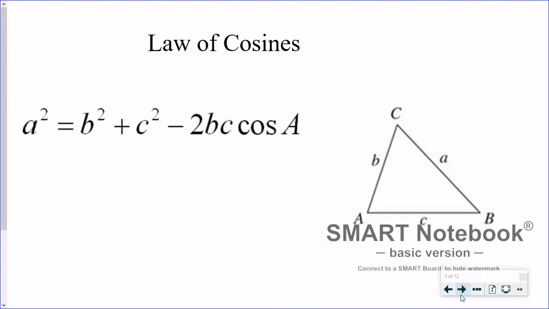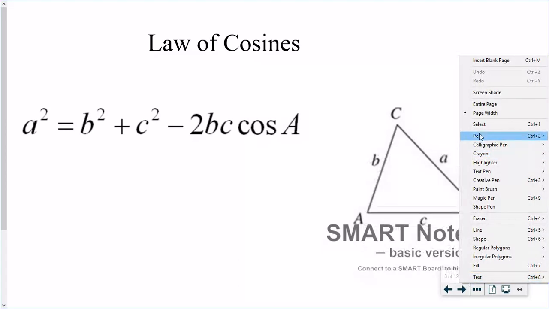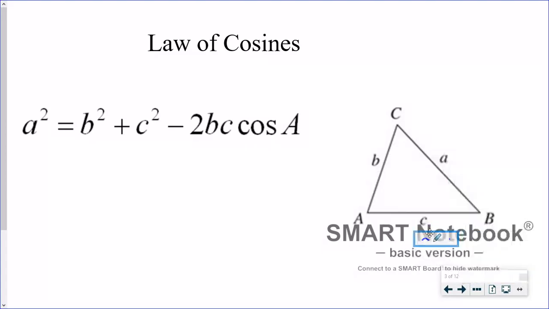Now this is a very specific case where you're solving for side A if you're given sides B and C and angle A, which is your side, angle, side case. And then, of course, it allows us to solve for the other side.